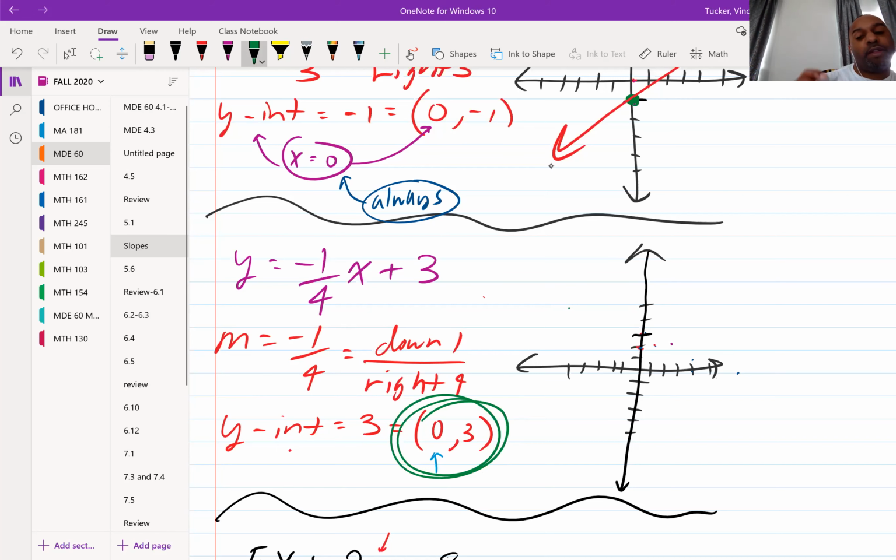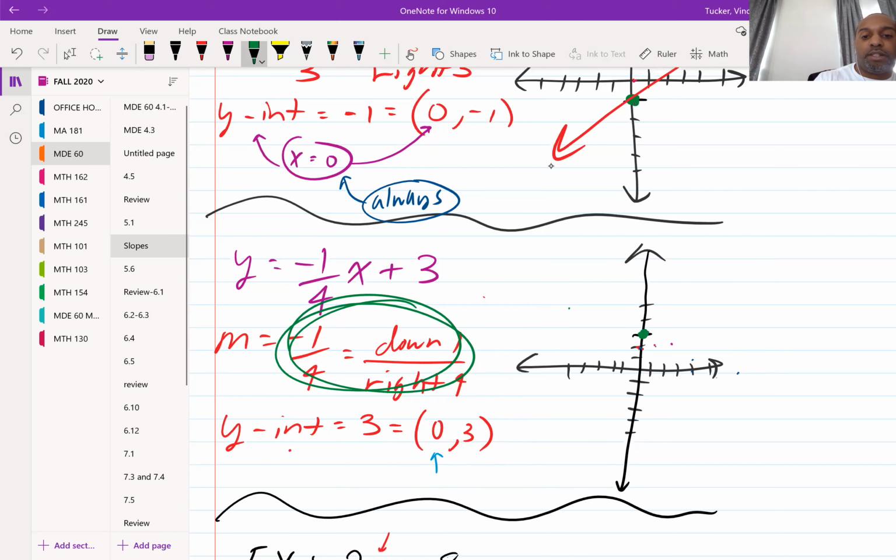Now that's a point, and that's where we will start from the origin. So you start from your origin, and you go up 3 because you couldn't go right or left with X. All you had was 0. So now this is not a point, this is information. So what it does is it gives us the ability to generate another point from the y-intercept. So you start at your y-intercept and go down 1 and right 4.